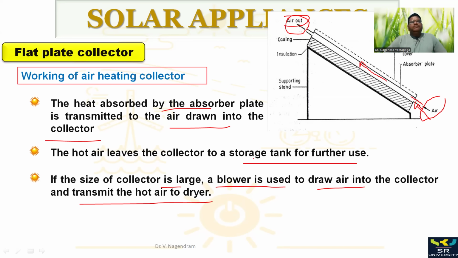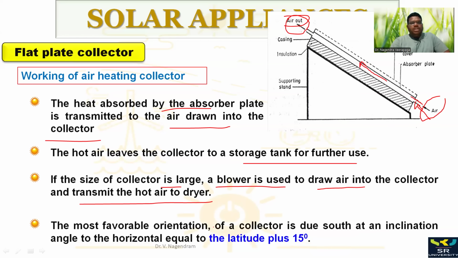But in hotels, companies, and industries, we use these air heaters on a large scale to generate more heat. In such cases, we have to input more cold air, but it will not occur naturally. So we have to use blowers to blow the air into that air gap, and then again we draw the hot air to the dryer.